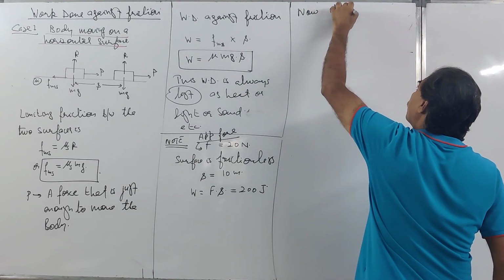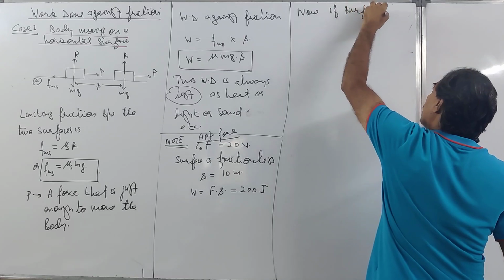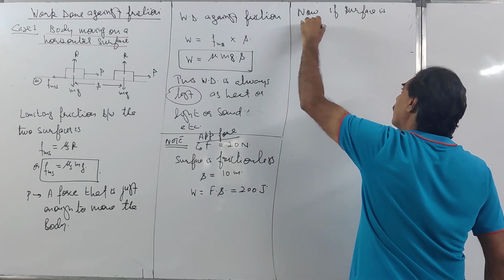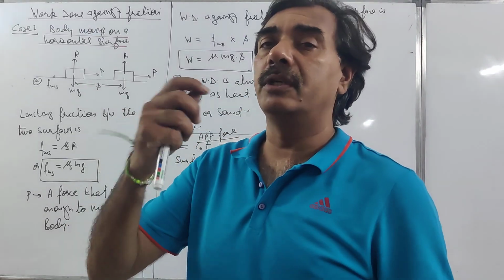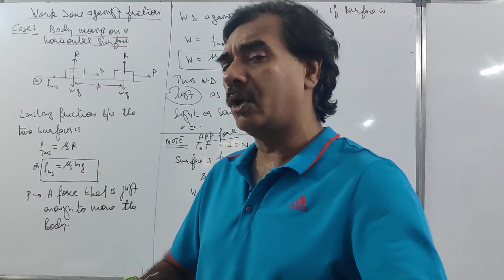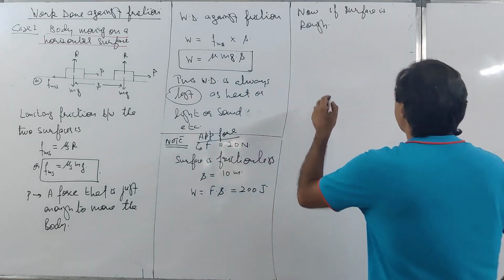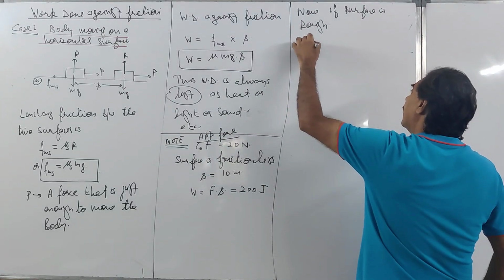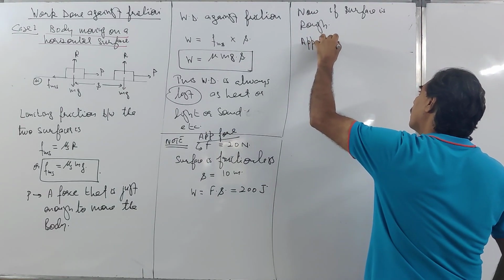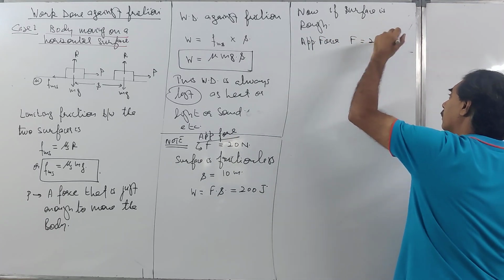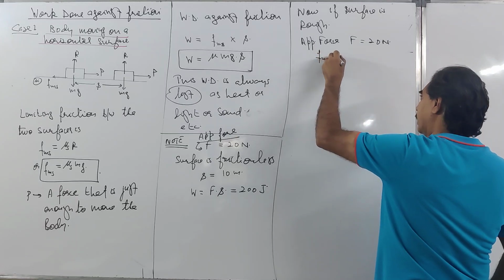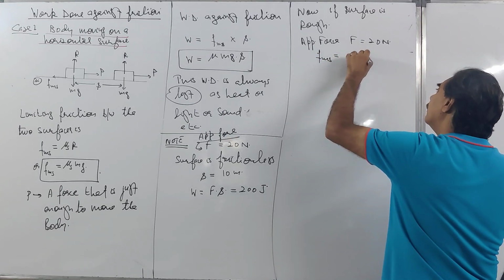Now, if surface is rough, बंदे के दिमाग में आता है सर वर्क डन होता है अप्लाइड फोर्स इनटू डिस्टेंस, आपने फ्रिक्शन फोर्स इनटू डिस्टेंस क्यों कर दिया? अभी बताता हूँ. अप्लाइड फोर्स 20 newtons, limiting friction 5 newtons.